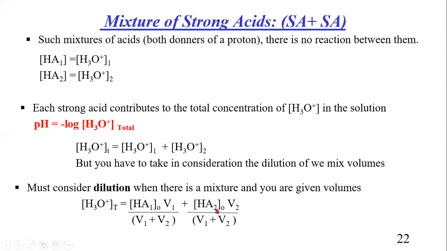That way we get the concentration of each H3O+ that has now already been diluted in solution. Literally, concentration times volume is just the number of moles. So it's calculating the number of moles of H3O+ coming from the first acid, plus the number of moles from the second acid, divided by the total volume.